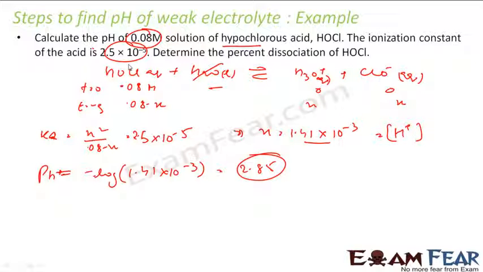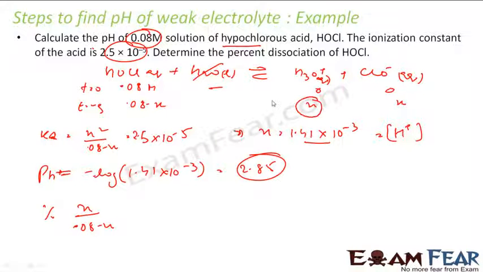Done. Second is you define percent dissociation of HOCl. So percent dissociation is what? This guy, x by 0.08 minus x. See, percent dissociation is nothing but percentage of HOCl dissociated.